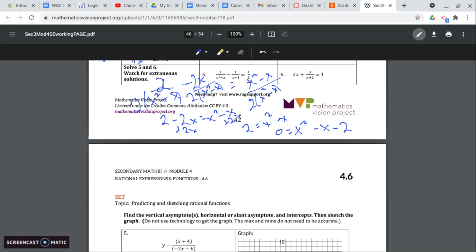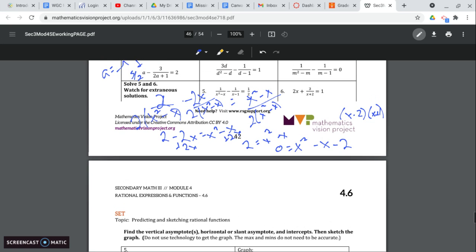Factor this. We can have a -2 and a +1. We'll multiply to give us -2 and add to give us -1. So that means our two solutions are x equals 2 and -1.